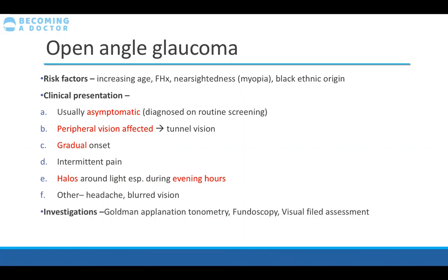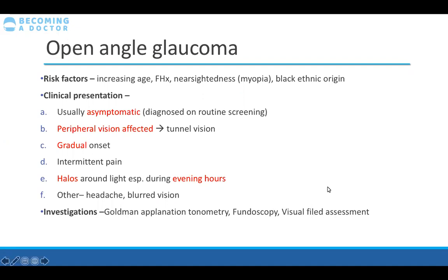In terms of investigations, you'll do a series of things. So Goldmann applanation tonometry, fundoscopy, and visual field assessment. What you're aiming to do with the investigation is to see the intraocular pressure, and to see if there's any other pathology going on. And I do apologize, that should be visual field.